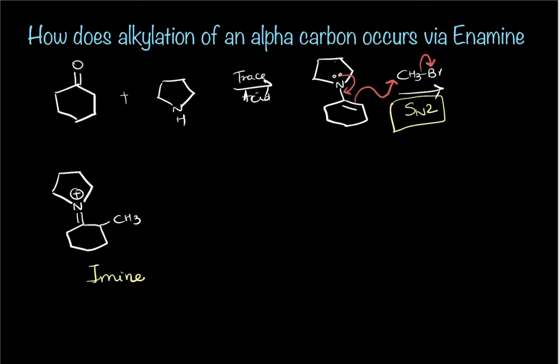After it has formed the imine, you're going to hydrolyze it with water in the presence of a little amount of acid, and it is going to form the carbonyl compound with the substitution on it.